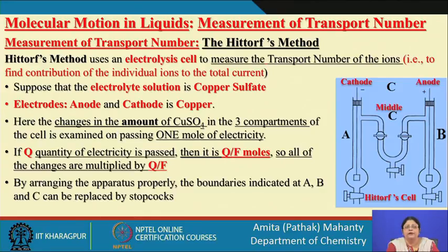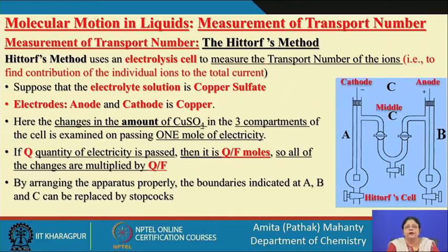According to the definition, if Q is the quantity of electricity passed, then Q by F, where F is the Faraday constant, is the moles. All of the changes which we are going to see for the amount of copper sulphate in each compartment should be multiplied by Q by F. So, the moles changing is Q by F when Q amount of electricity is passed.